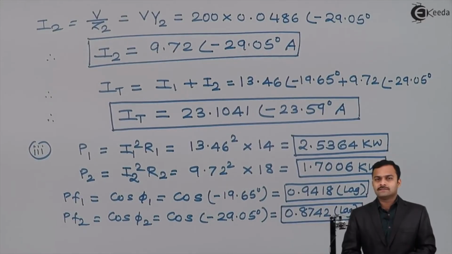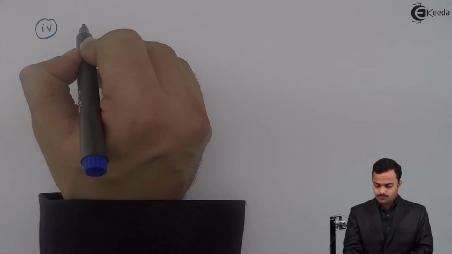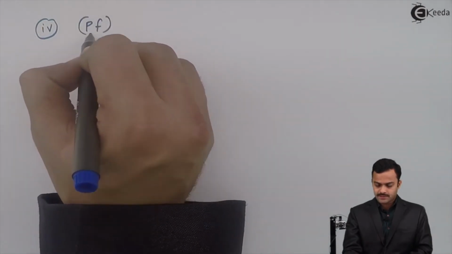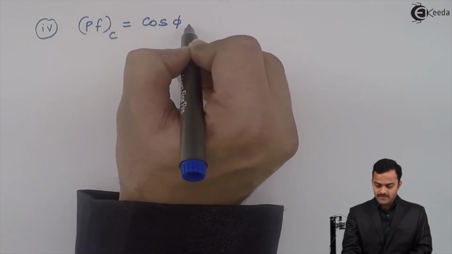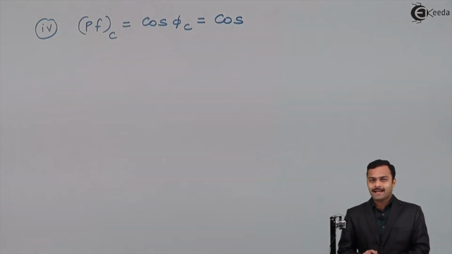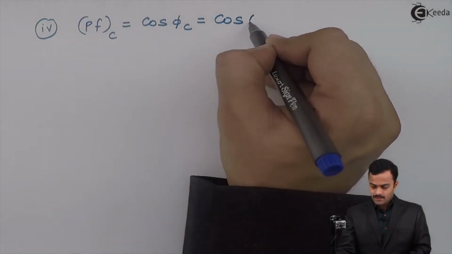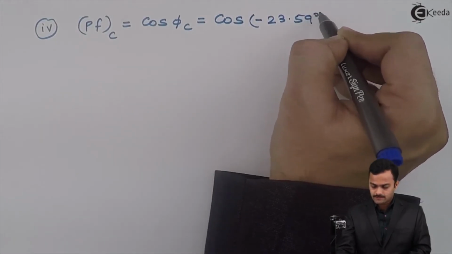That completes the third part of the answer. Let's go to the fourth part, where they have asked the power factor of the circuit. The power factor of the circuit, PFC, equals cos phi C. Phi C is the angle made by total current with the reference, and that angle is minus 23.59 degree.